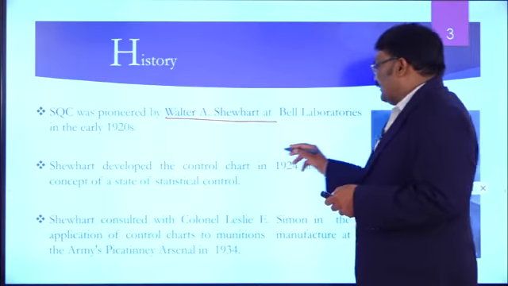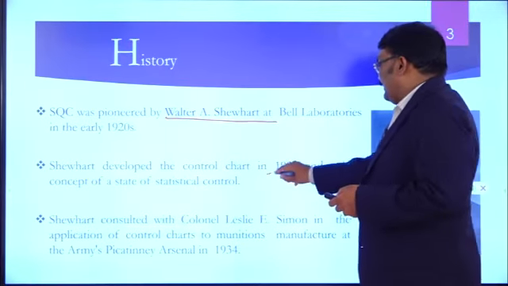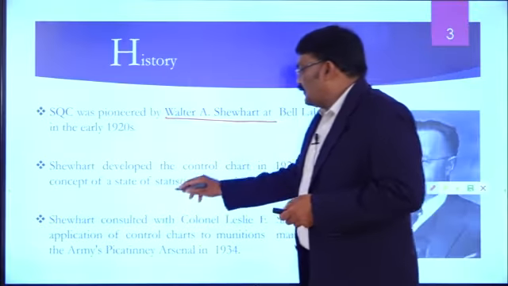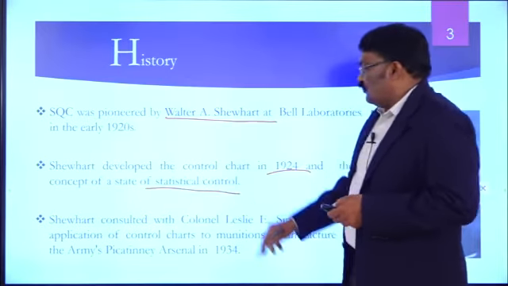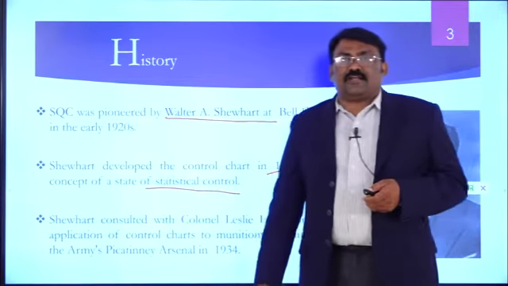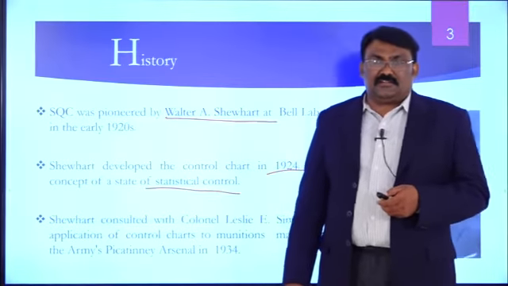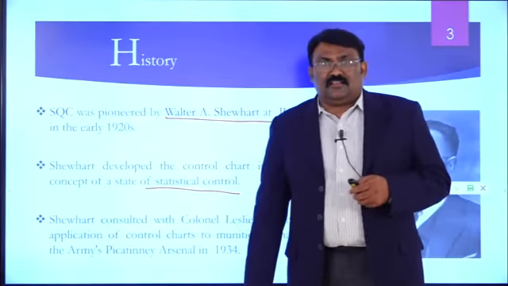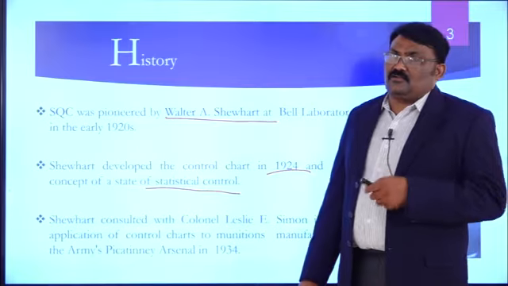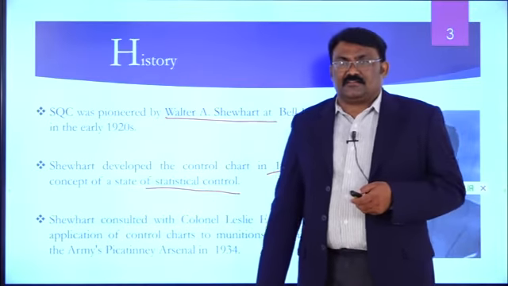He developed the chart in 1924 and the concept of statistical control. In 1924, the development of the chart was done and statistical control was defined as such.